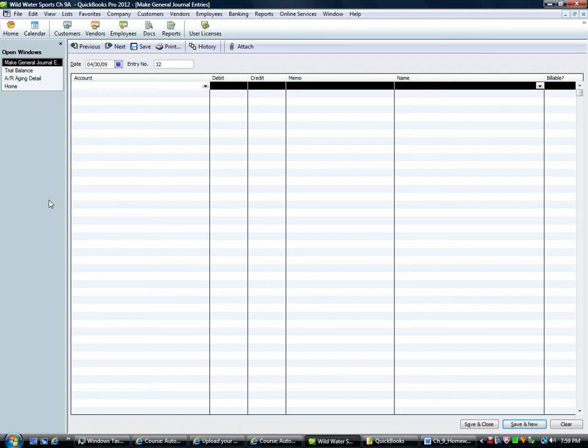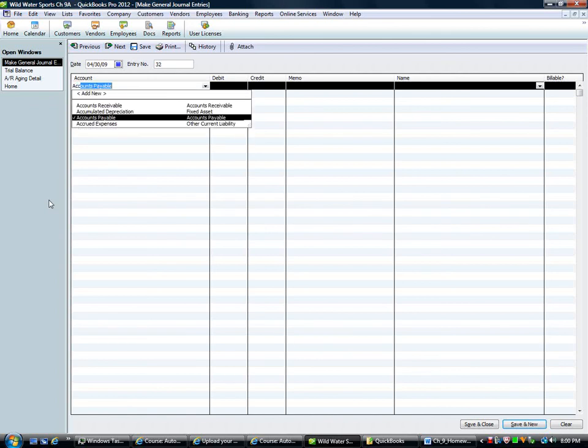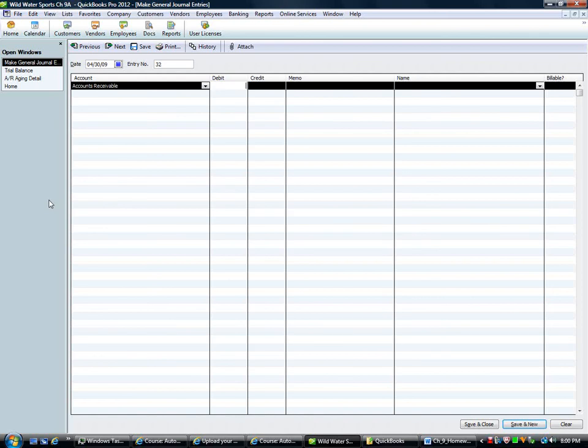All right. So we're going to debit accounts receivable, making it go up, because that was a negative amount that we need to take out of it. We have to put the name or it won't let us record it. So this is received from Buena Vista Water Sports.